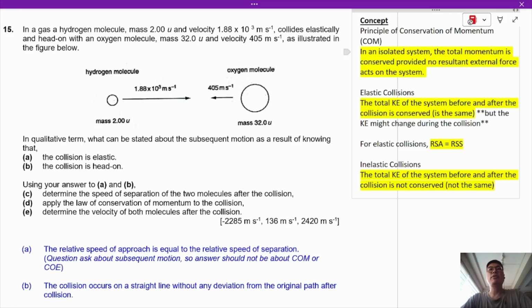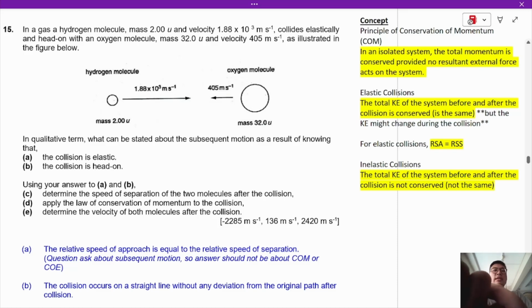Now, for elastic collisions, the total KE of the system before and after the collision is conserved. And the shortcut to know whether it's elastic or not is that for elastic collisions, the relative speed of approach is equal to the relative speed of separation. Now, in qualitative terms, what can be stated about the subsequent motion as a result of knowing that the collision is elastic? Very simple.